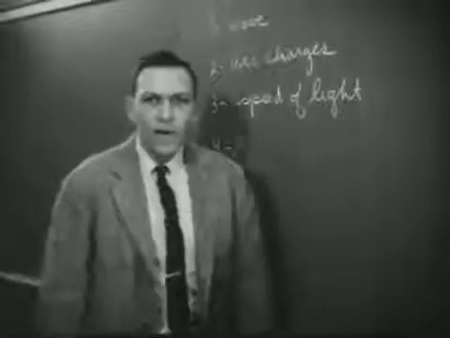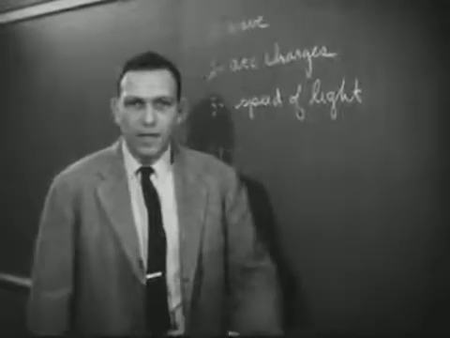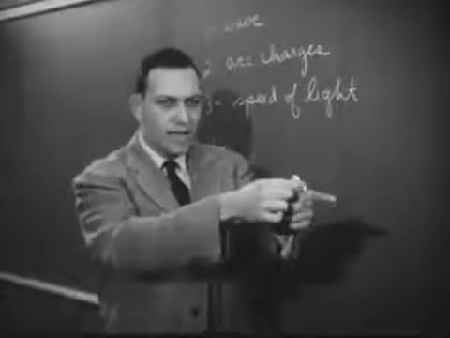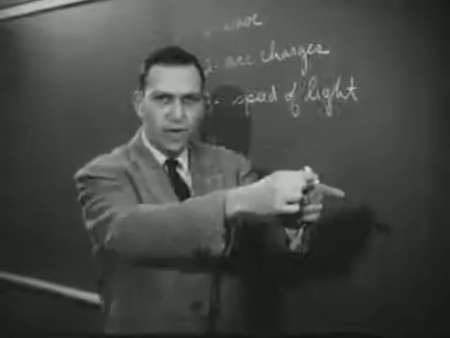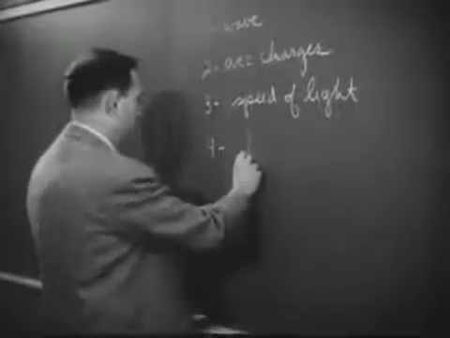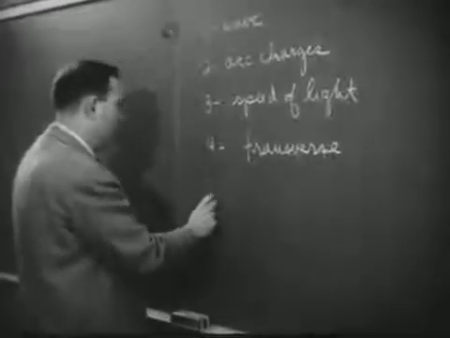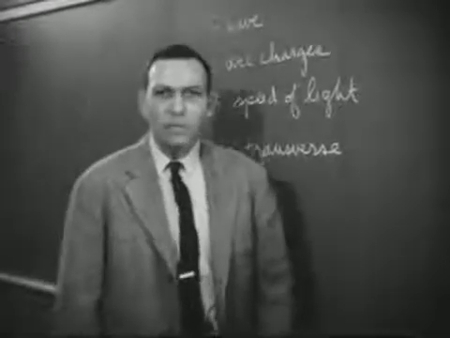Fourth, the waves are transverse. By this I mean that the electric vibration is at right angles to the direction in which the wave travels. And finally, that these waves can be polarized.